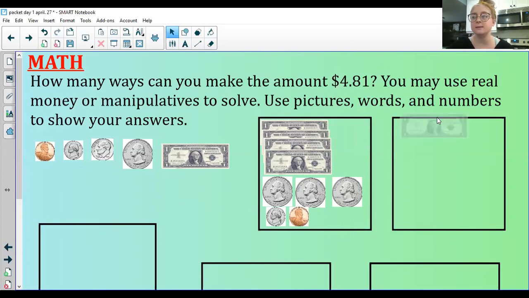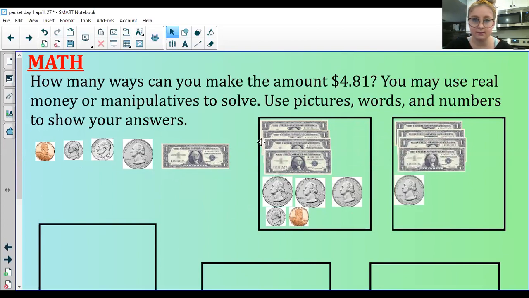I could do the same thing in my next box, but change how I get that last couple cents. So I'm going to do the same thing again. I have 4 $1 bills. I'm going to do 3 quarters: 25, 50, 75. And then instead of doing a nickel, I'm going to do all pennies.